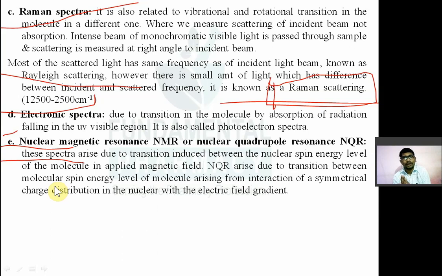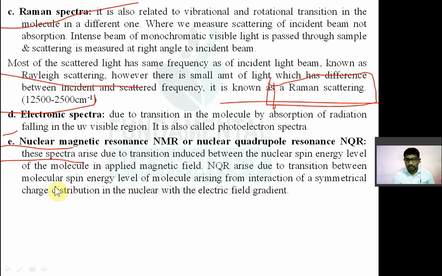In that condition, if you pass a radio frequency wave, that atom will absorb the radio frequency wave and will change its spin. जो align था वो oppose हो जाएगा, जो oppose है वो align हो जाएगा. So change in the spin state. Okay? So these spectra are just due to the transition induced between the nuclear spin levels of the molecule in an applied magnetic field.